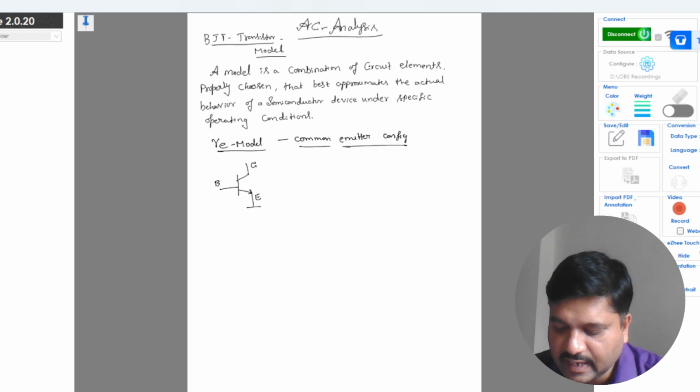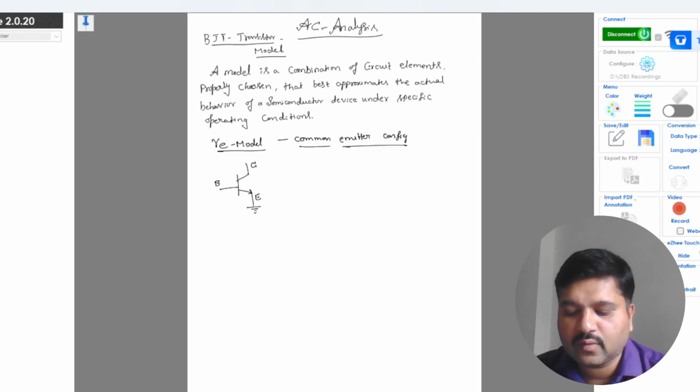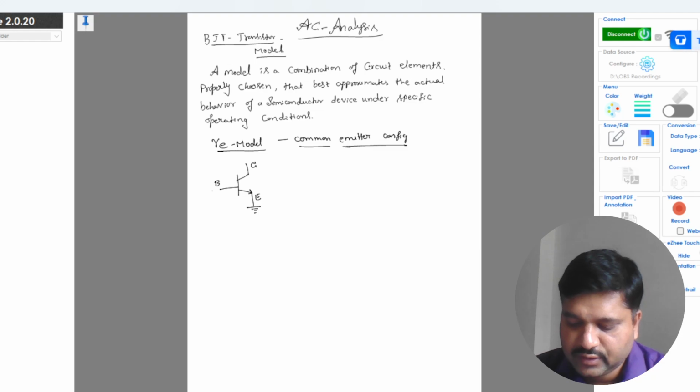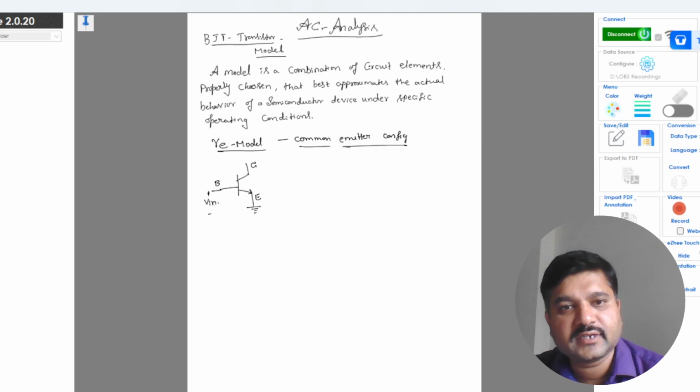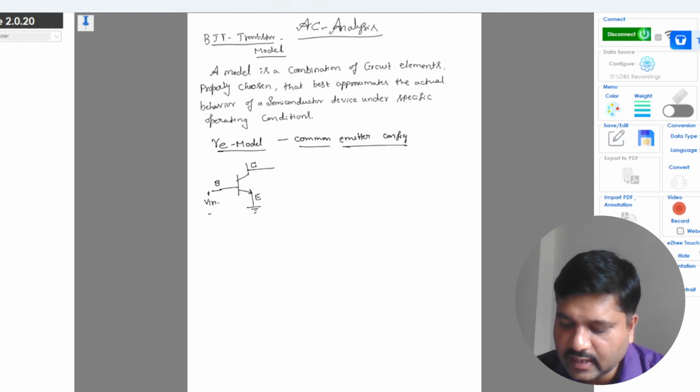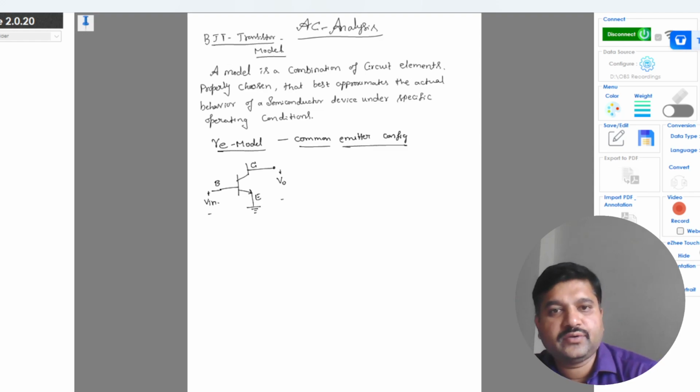We are making the emitter common for both input and output. You give the input to the base terminal with respect to reference, and you take the output at the collector terminal with respect to reference. That means the emitter becomes the reference, or the common, for both input and output. Hence this is the common emitter configuration.